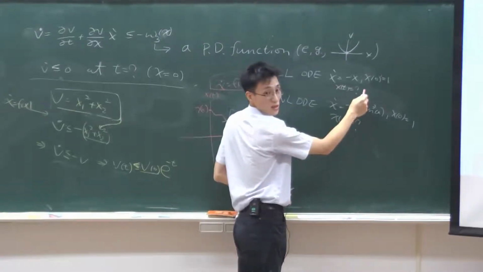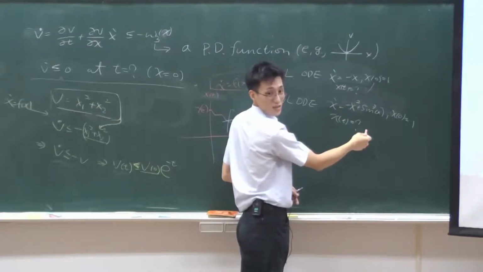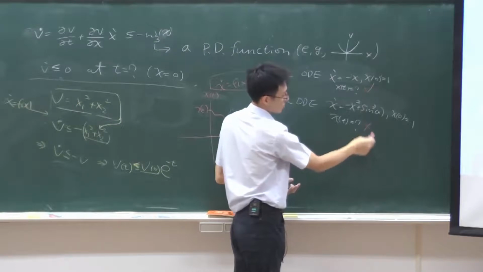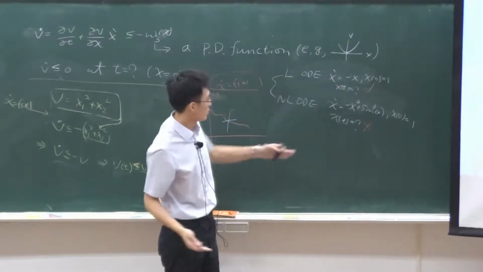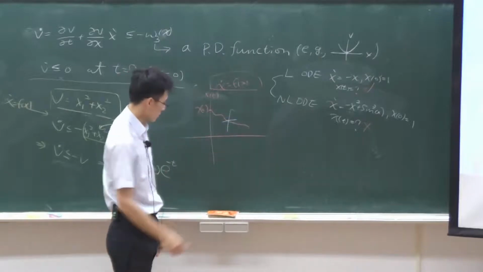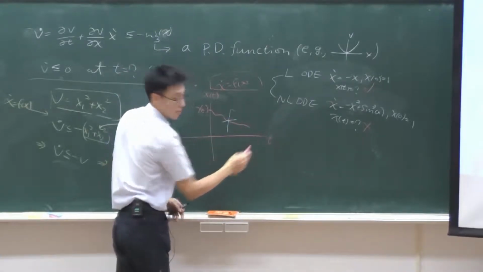Can you solve for this? Yes, right? Can you solve for this by hand, not by the computer? Usually not. This is just one of the nonlinear examples. Okay. So you don't know the trajectories, right?